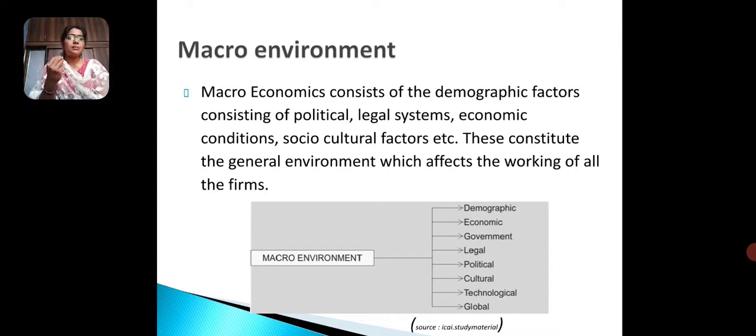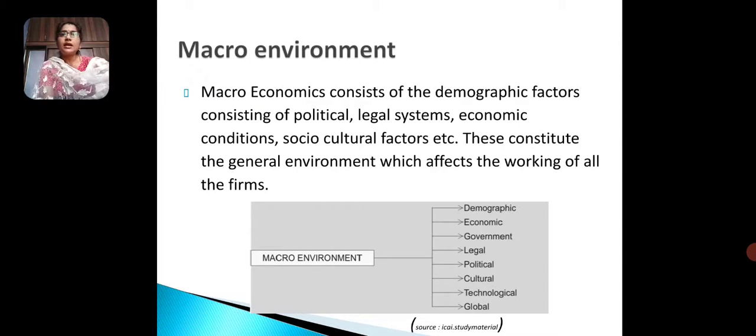Of course there will be slight influence, as there is an exchange of influence and power between the environment and the organization, but the degree of control the business organization has over all these factors is very minimal. They cannot change it whenever or however they want. Okay, so this is the macro environment. All the components in the macro environment are external in nature for the business.